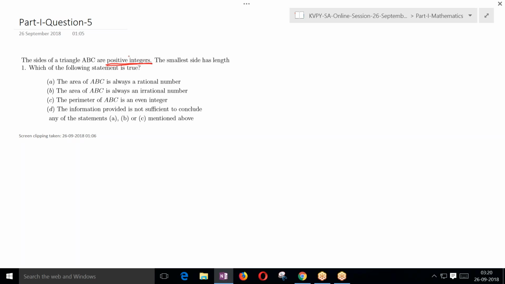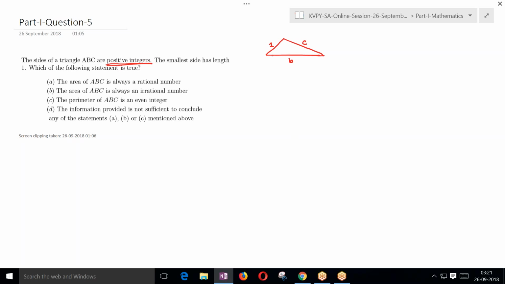The way we can do it here is, let us draw the triangle. Suppose this is length 1, and suppose this is length b and this is length c.